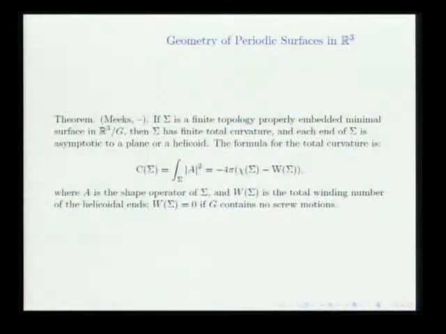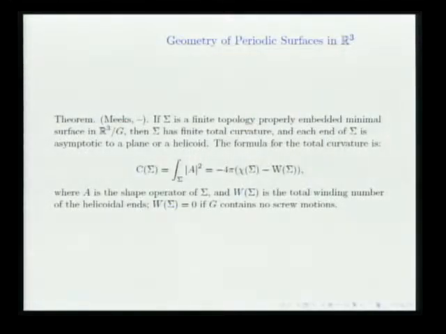In periodic surfaces in R3, there's been a great deal of work. And Meeks and I proved the following theorem, that if you look at properly embedded minimal surfaces in flat three-manifolds, then they have finite topology if and only if they have finite total curvature. And moreover, you can say exactly what the geometry of the ends are.